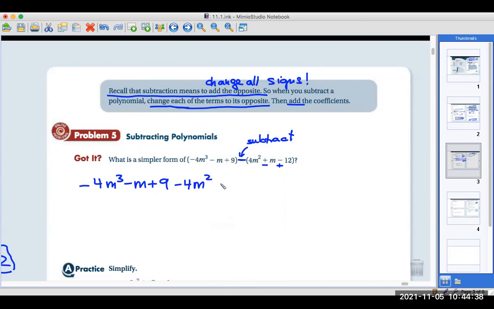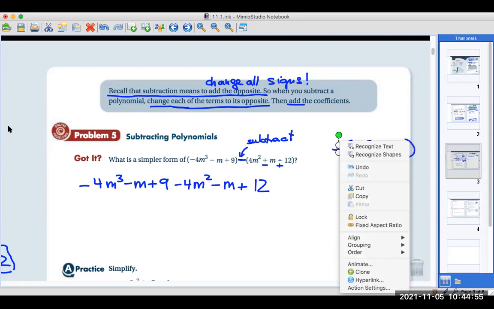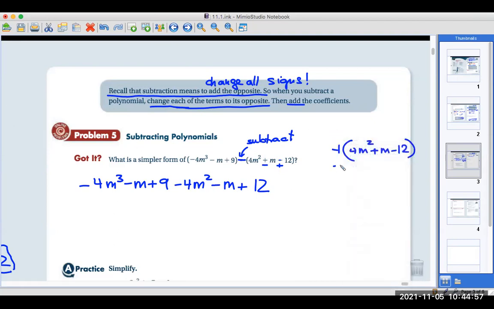The plus turned into a minus, and the minus turned into a plus. Really what you did, you multiplied everything by -1. And when you multiply by -1, it changes all the signs. Just to show you why that works.